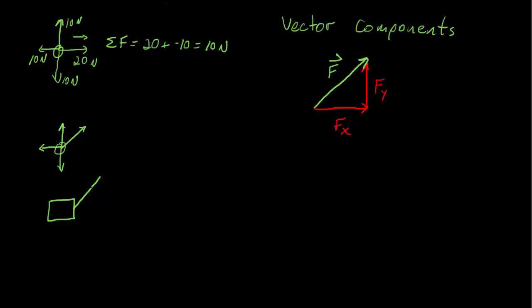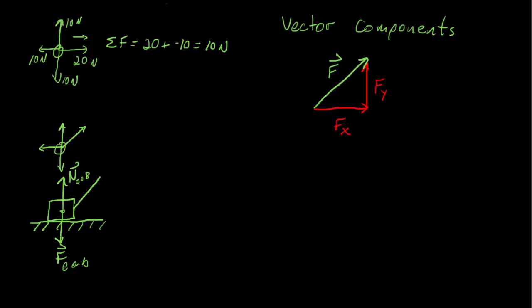So let's deal with this case. Let's say we're talking about this box that's being pulled across, let's just say, a frictionless surface. So there's no friction being applied. We have some force here due to gravity, so we have the force of the Earth on the box, and then we have the normal force of the surface on the box.